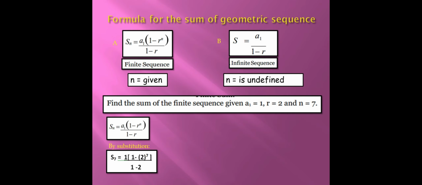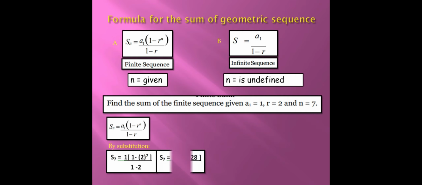Substitute to N. So equals now, your A sub 1 is 1, then quantity. So we have 1 minus your R is 2, your N is 7. So 2 raised to the 7. Okay. Over 1 minus the common ratio, which is equals to 2.